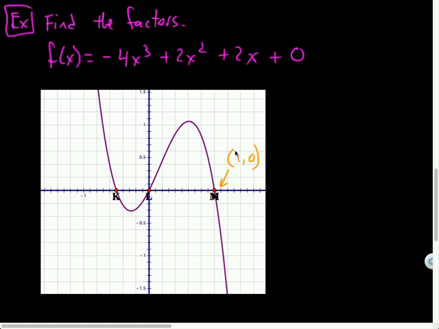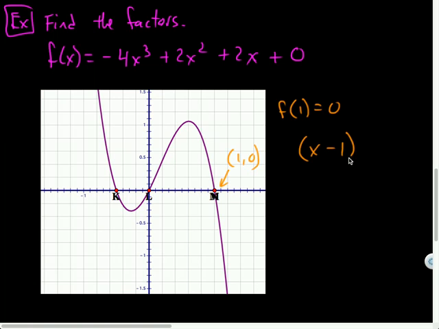But based off of that x-intercept, you pick one of the points that it happens to cross through. I could have picked 0 here, 0, 0. But we're just going to do the 1, 0. So if 1, 0 is an x-intercept, then what information does that give us? That tells me that f of 1 equals 0, right? And then according to the factor theorem, what does that tell us? Any ideas, anybody?